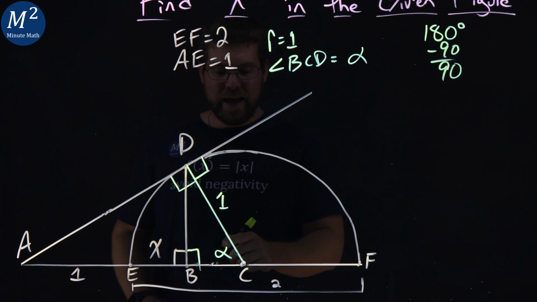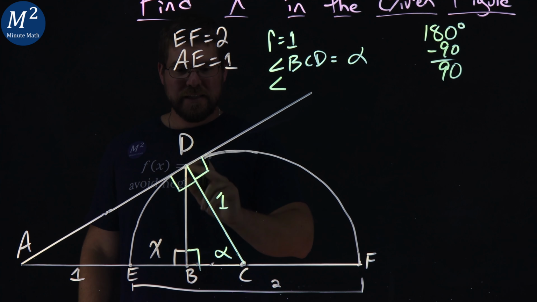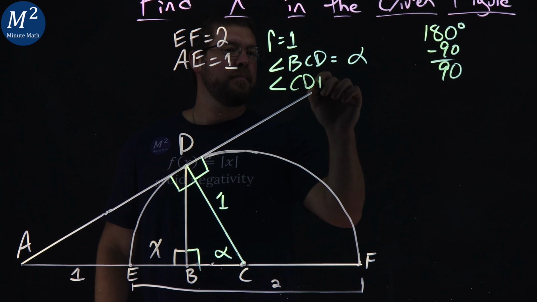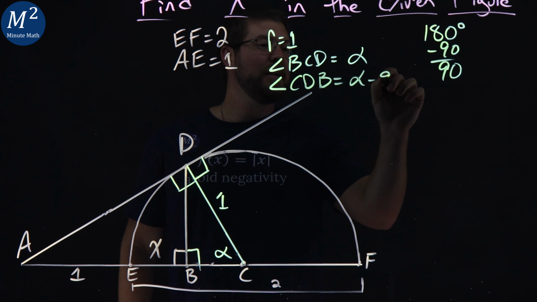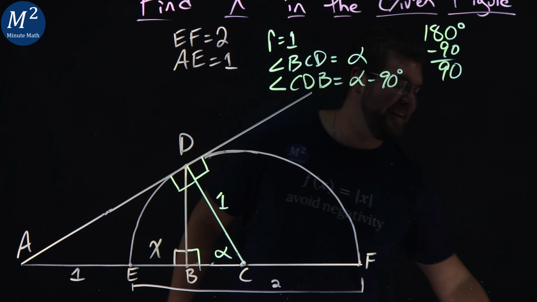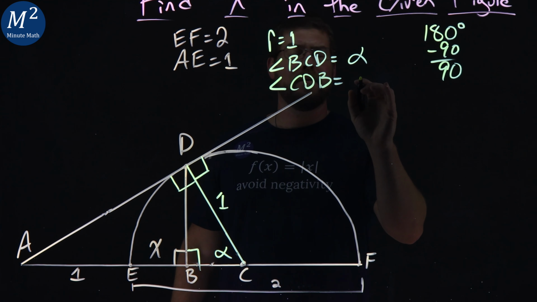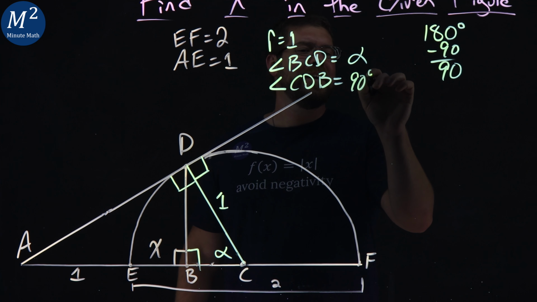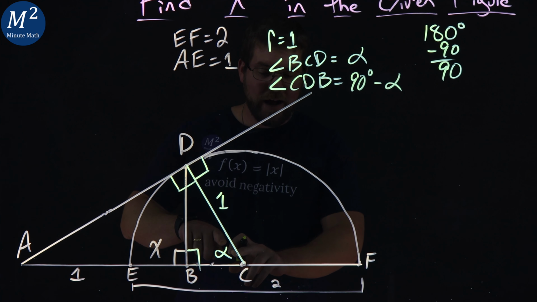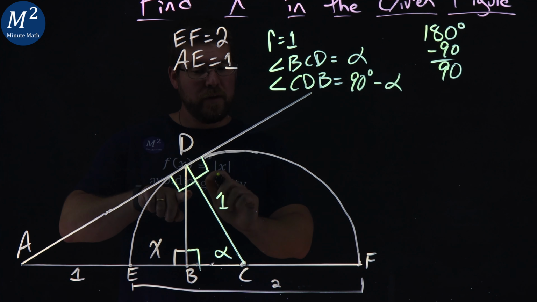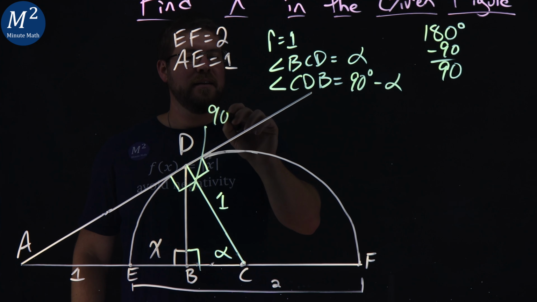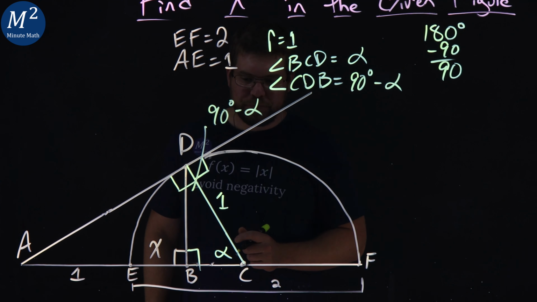So that means angle CDB has to be 90 minus alpha. Hey, we all make mistakes. Maybe I'll cut it out, maybe I won't. 90 minus the alpha. So whatever alpha degrees is, 90 minus that will be this one right here. So that's 90 degrees minus our alpha.